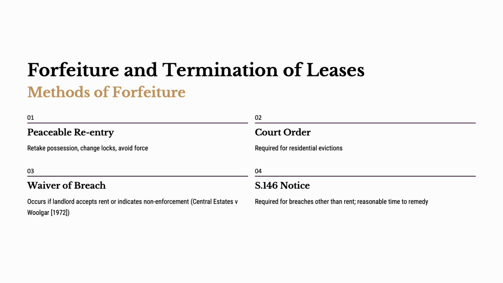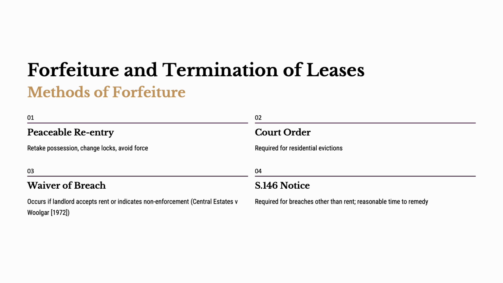Court's orders are mandatory for residential eviction. Under Protection from Eviction Act 1977, landlords must obtain possession order before evicting residential tenants. For commercial premises, court proceedings are prudent even if not legally required. So, waiver of breaches is critical.